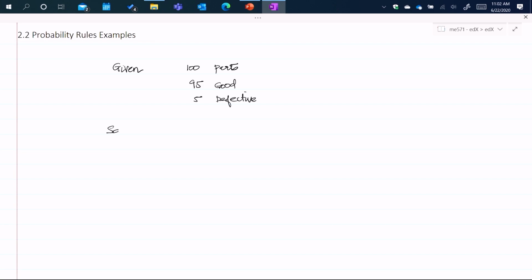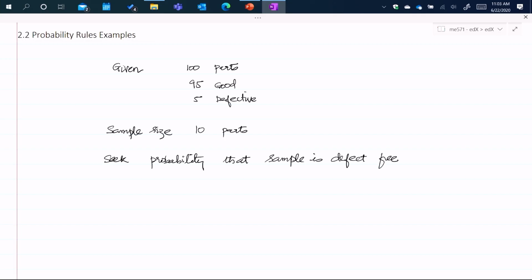Sample size is 10 parts, and what we seek is the probability that the sample is defect free. So that's the probability we seek.